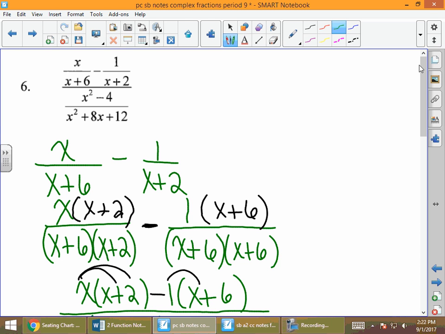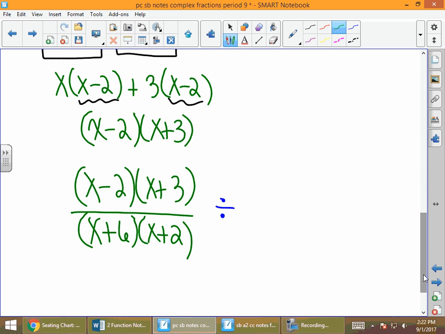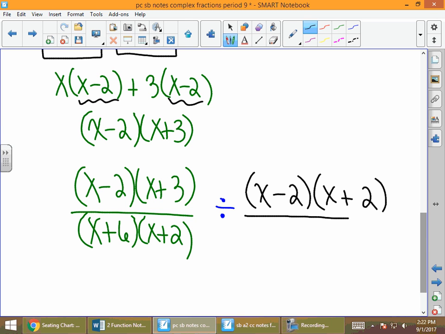So we're looking at the bottom of this big fraction, and we're looking at x squared minus 4. Well, we can factor x squared minus 4 into x minus 2 times x plus 2. Square root of x squared is x. Square root of 4 is 2.